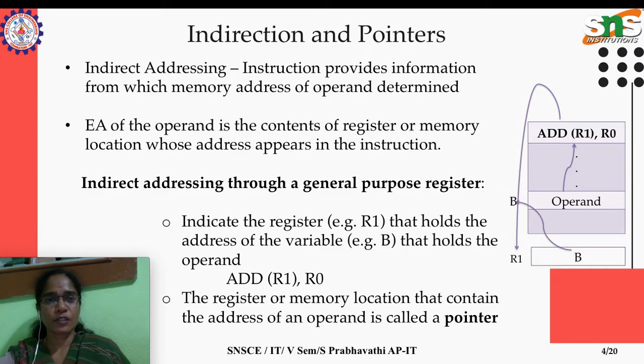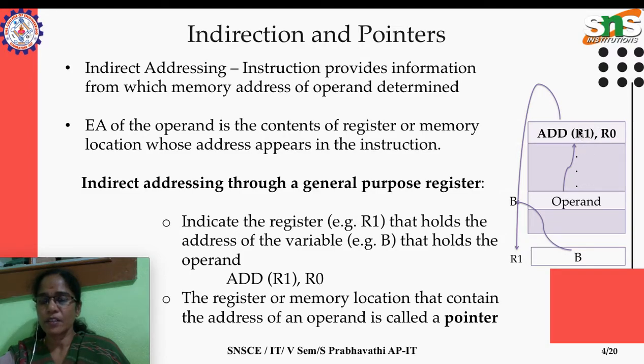And moving on to an interesting addressing mode, indirection addressing mode, that is achieved by means of the concept called pointers. In indirect addressing mode, the instruction provides information from which the memory address of the operand is determined. So here the memory address of the operand is not directly given. Take an example: add (r1), r0. Within the brackets, r1 is given.